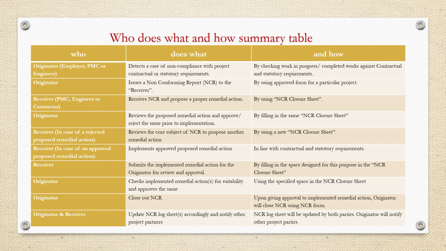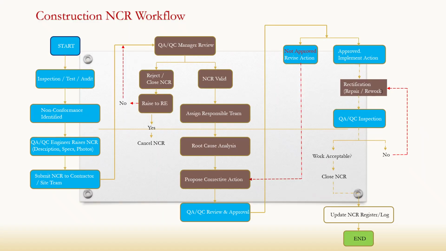NCR log shall be updated by both parties. Originator will notify other project parties. This is how the workflow goes, where it starts and where it goes. The blue color code shown here is the originator of the NCR, while the brown is the receiver of the NCR.